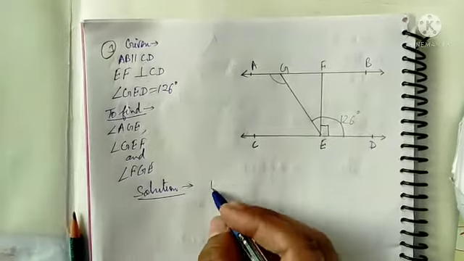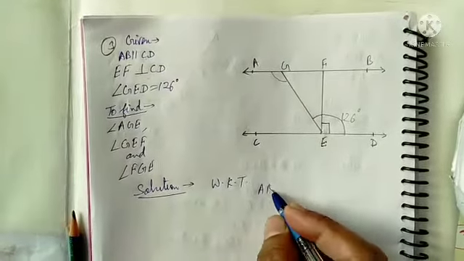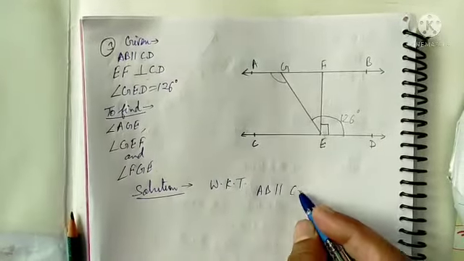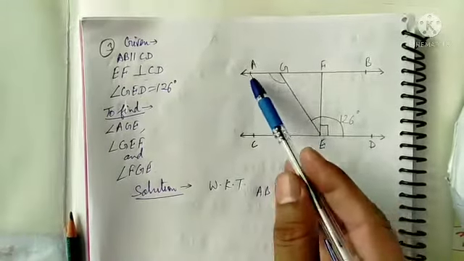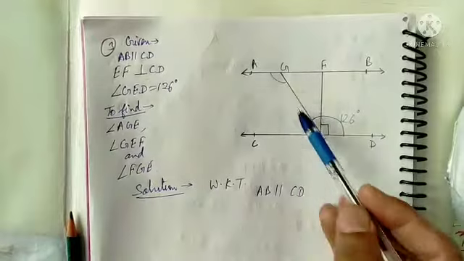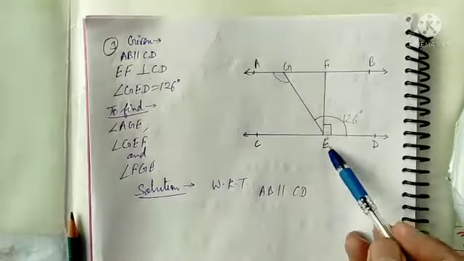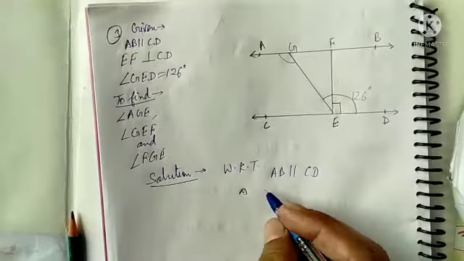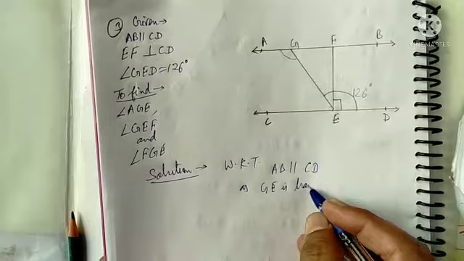We know that AB is parallel to CD. So what is the relation between AGE and GED? They are alternate interior angles as GE is transversal.